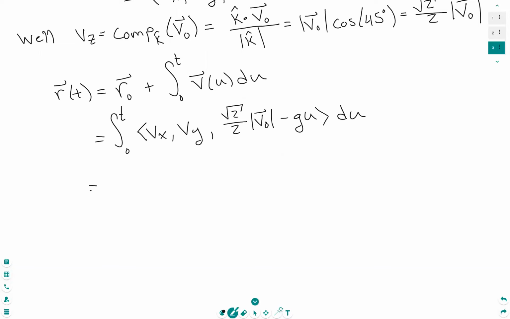So here we have Vx times t, Vy times t, the square root of 2 over 2 times the magnitude of V naught times t, minus g over 2 t squared.